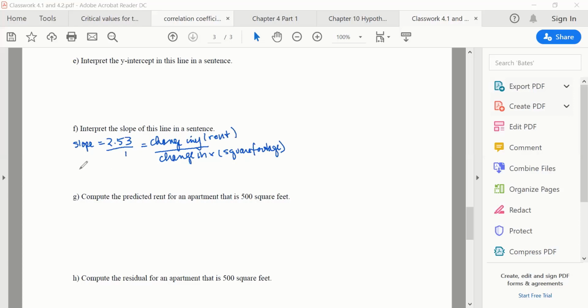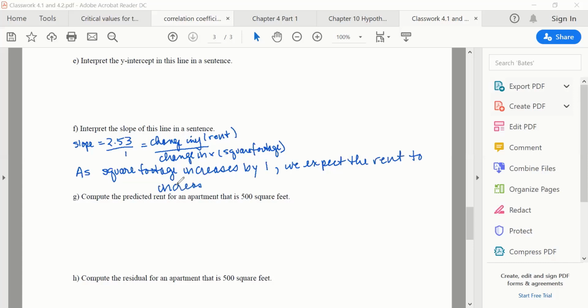So here we go. As the square footage increases by 1, we expect the rent to increase by $2.53.